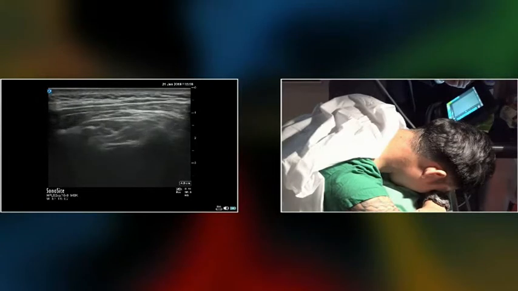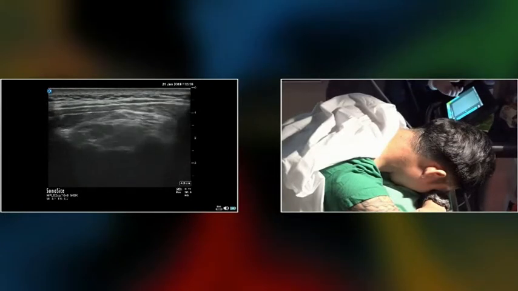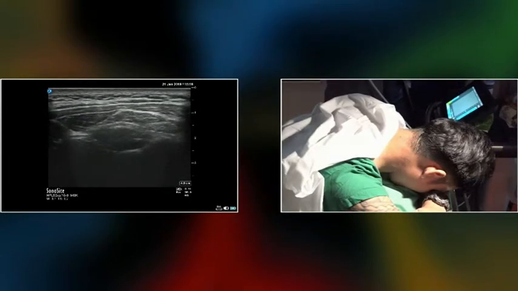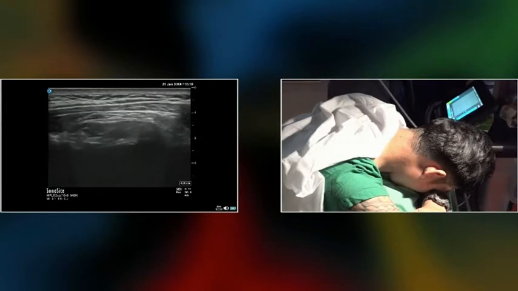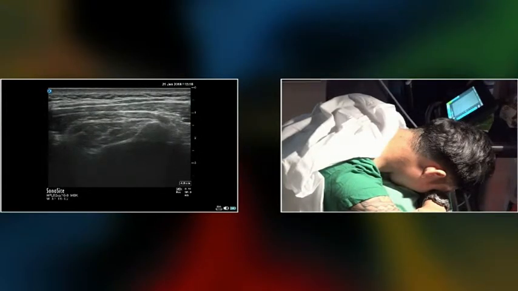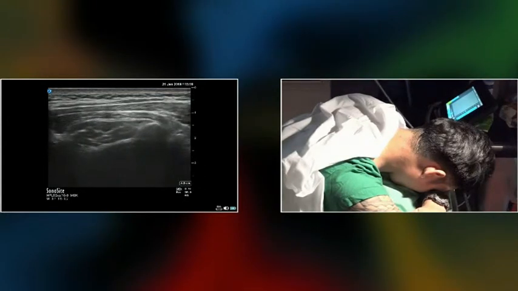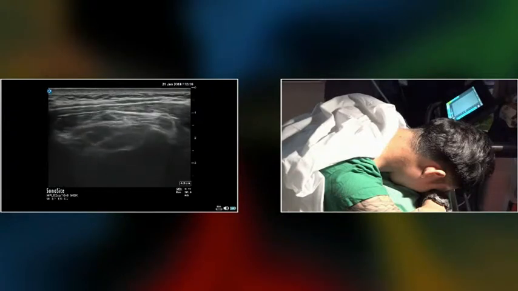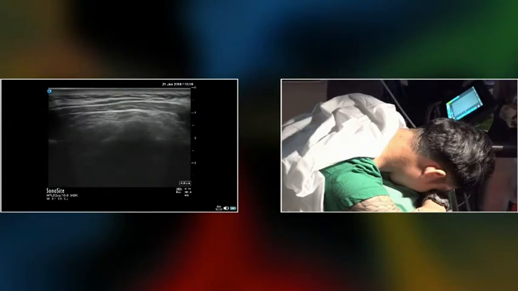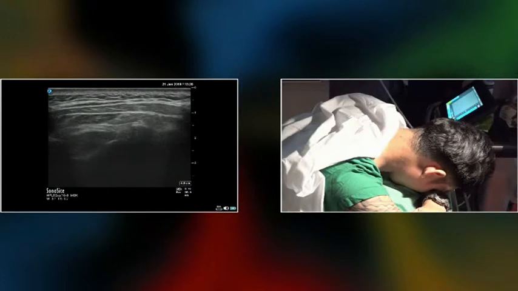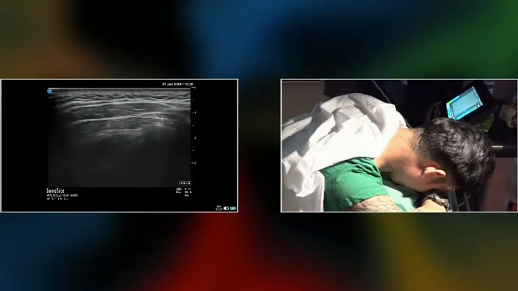In sitting position, you see I protrude the head like this, and then we chin in. So you can see I can recruit the longus capitis muscles as we do the chin-in posture. And then this and this. So this is a good exercise to teach the patient together with the greater occipital nerve block.